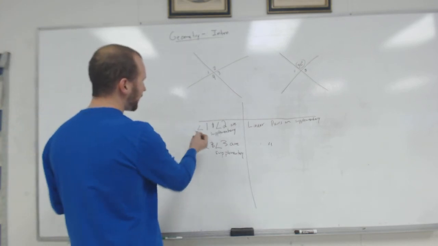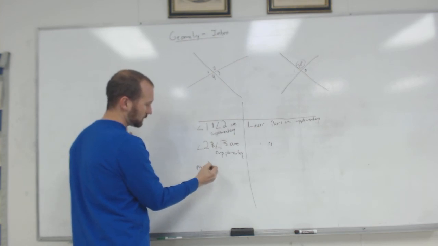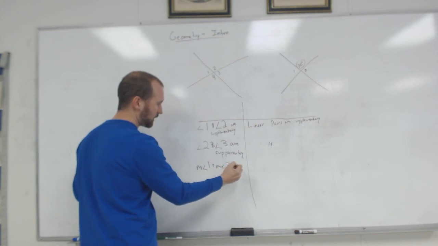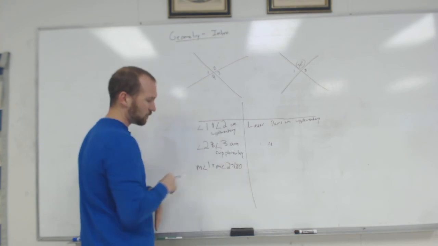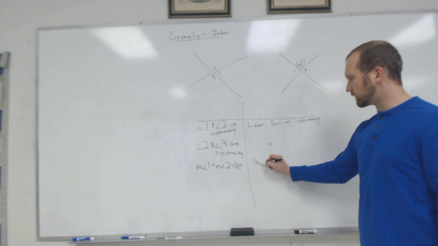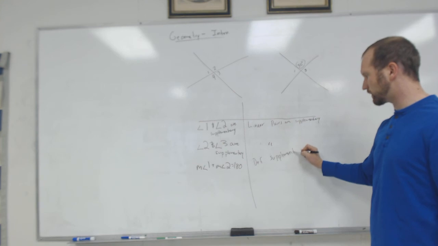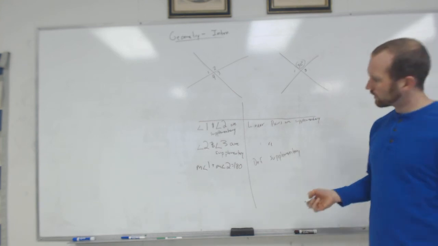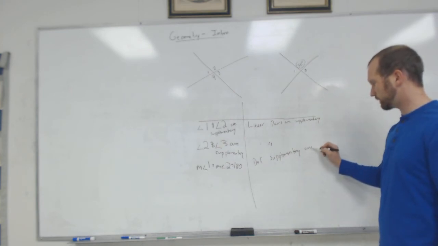Then, if angle 1 and angle 2 are supplementary, the measure of angle 1 plus the measure of angle 2 should equal 180 degrees. Why? They're supplementary. That's the definition of supplementary angles.